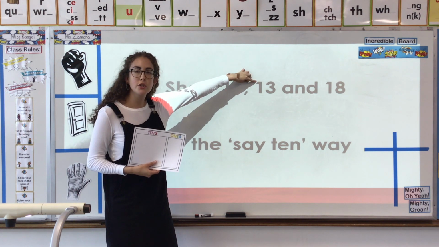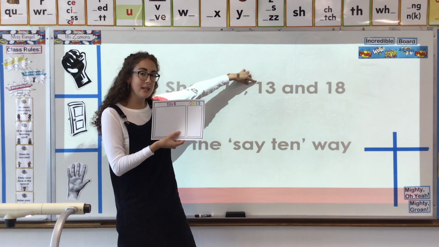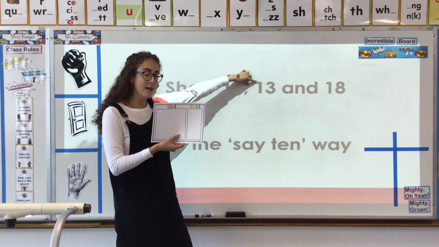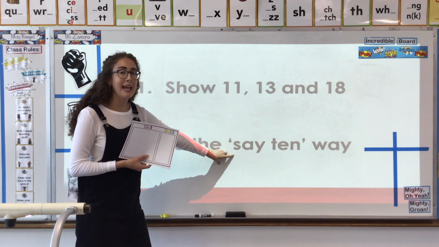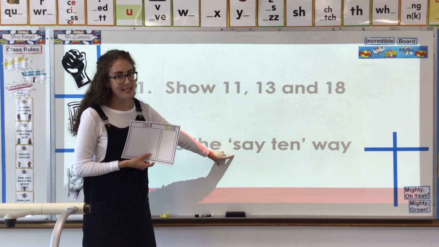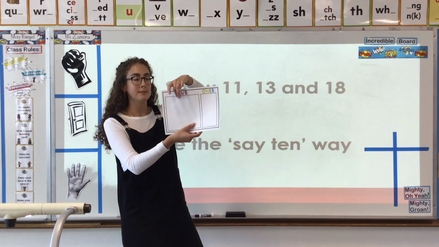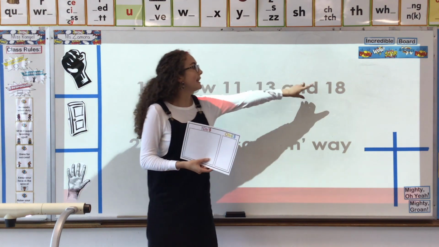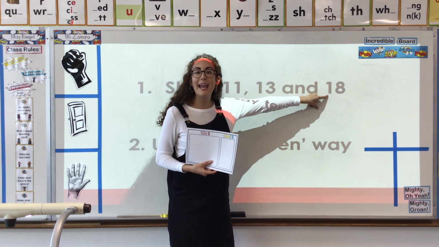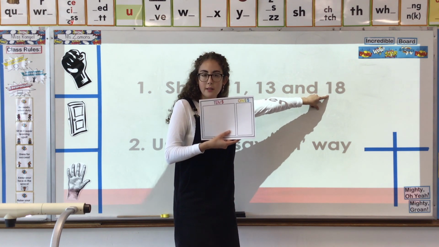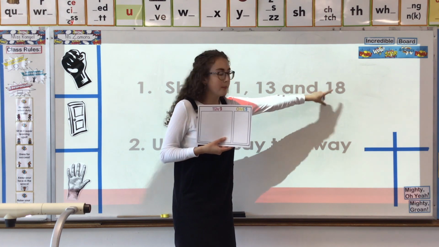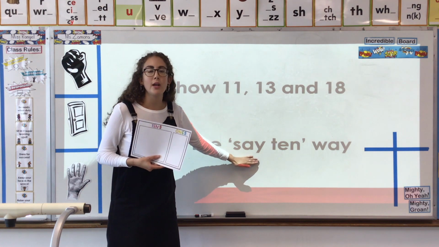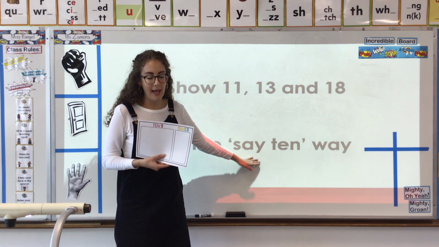Then I want you to show the number 13 on your place value chart and name it in the Say 10 way. Then lastly, you'll show me the number 18 on your place value chart. And once you see the number, then you'll name it using the Say 10 way.